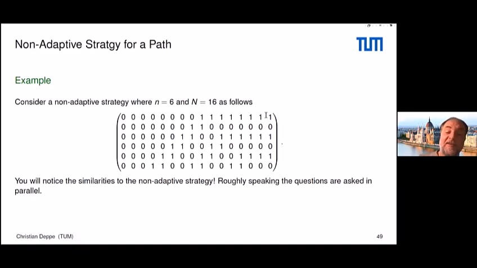And this is the first question. This is the second question. This is the third question, and so on. And there's a 1 if we include the element in the question. So if we ask for elements 9, 10 to 16, then that's the first question, and we write the 1 here.